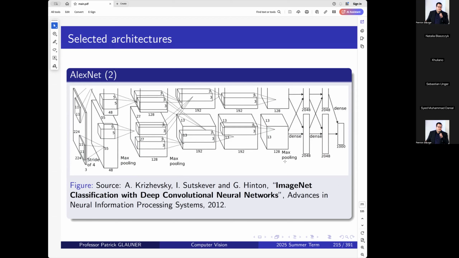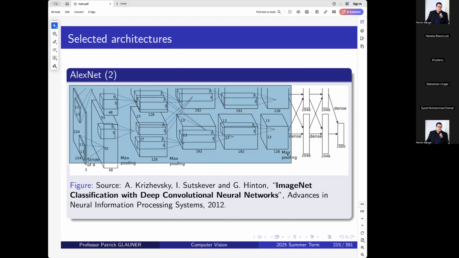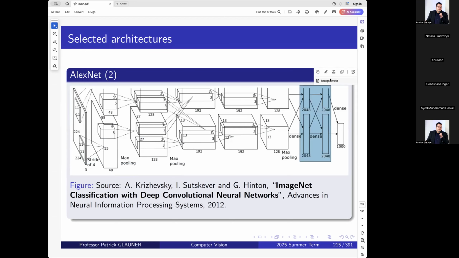And eventually, this is all the feature detector. And here you would have 2 layers of hidden units. And eventually you have 1,000 output units for your predictions. So the actual learning of the task is this one here. And you have this as the feature detector.